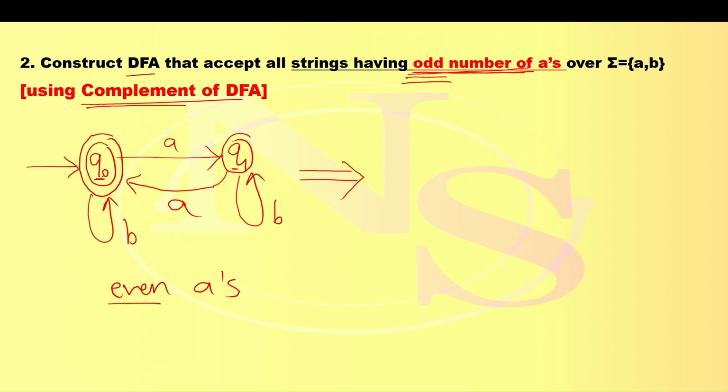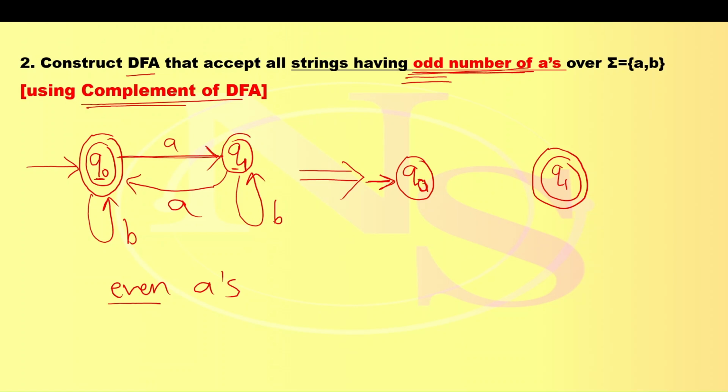For example, here Q0 is a final state, so make it non-final. There is no change in the starting state. Starting will be the same. Change is only in the final, non-final. Q0 is final, so it becomes non-final. Q1 is non-final, so make it final.